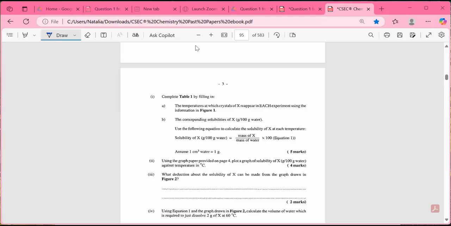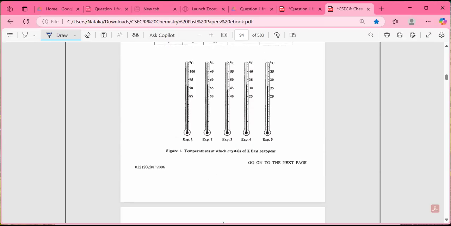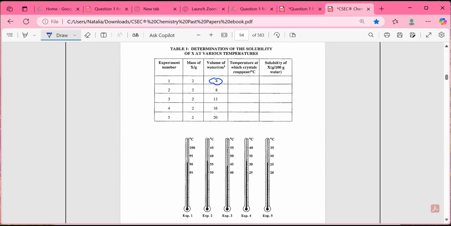So solubility is the mass of solute dissolved in the mass of water it dissolved in, times 100. Clear? Yes, miss. All right, let's go.